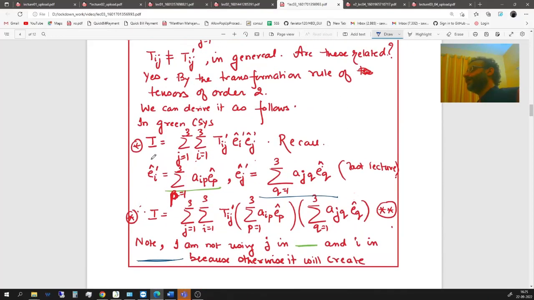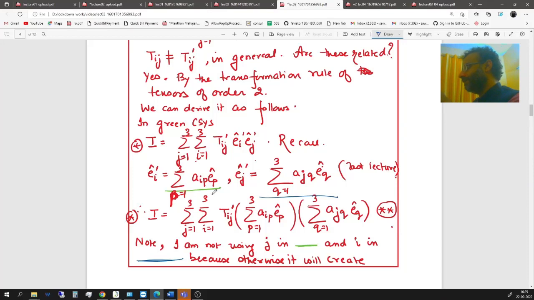So I start with the green coordinate system. I write T as Tij prime Ei prime Ej prime, right? And then recall that Ei prime is Aip Ep. And again, I have used the sigma notation. Even if I remove the sigma sign here, it will still carry the same meaning.